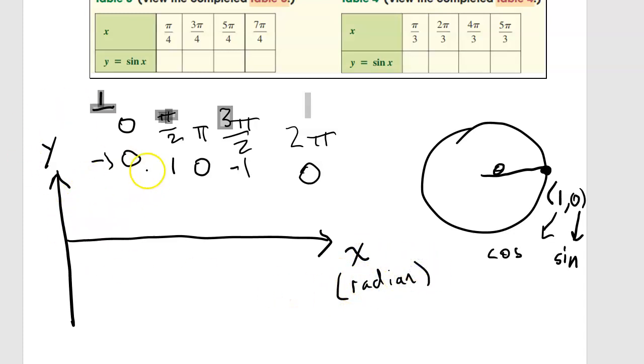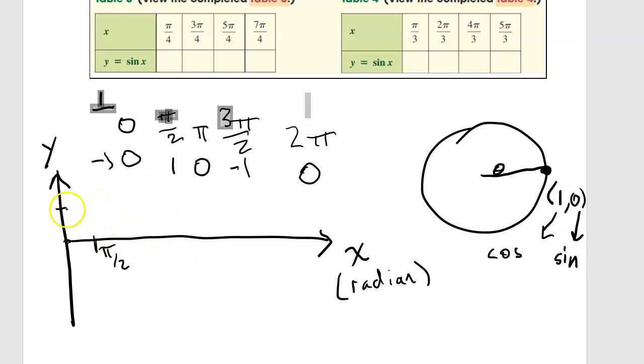And the y is just going to be our y coordinate. So we have a 0 at 0 degrees, at pi over 2, we have 1.